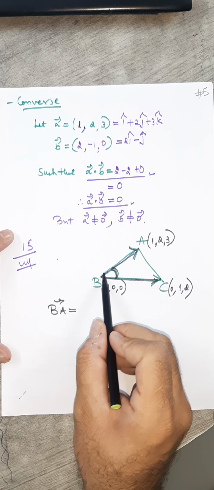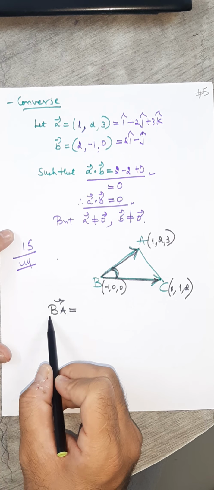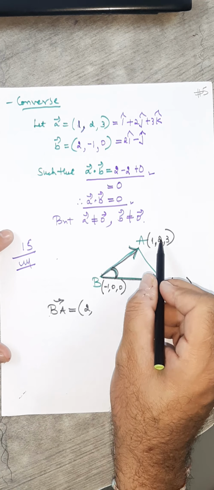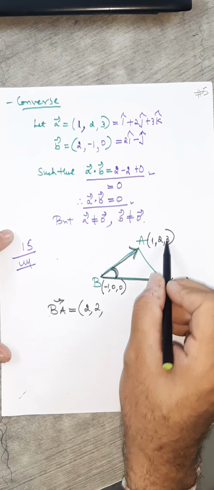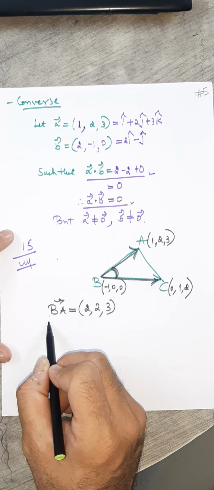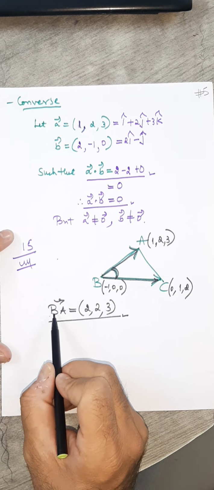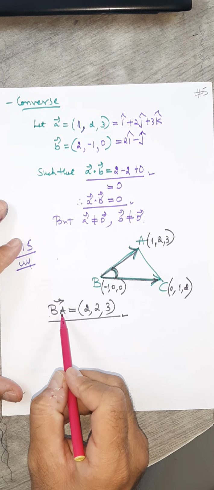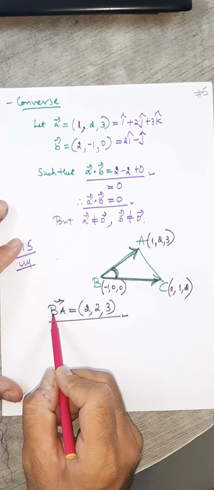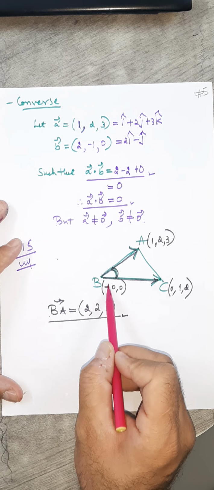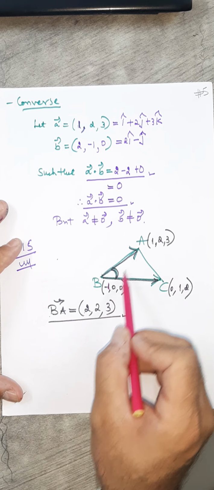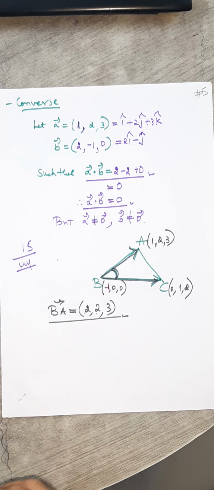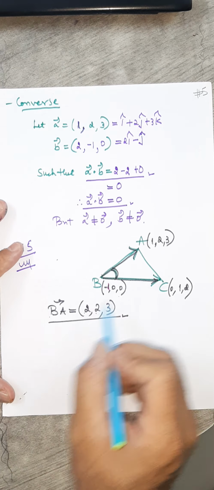You know how to do this position vector. A minus B, 1 minus minus 1, that is 2 here. 2 minus 0, which is 2, and 3 minus 0, which is 3. I repeat, vector BA. Do you remember in the beginning how we did this vector BA? A minus B, reverse. Okay, what about the other vector? That is BC.